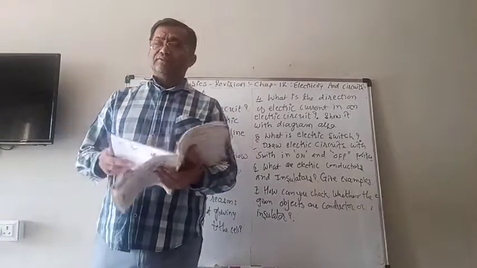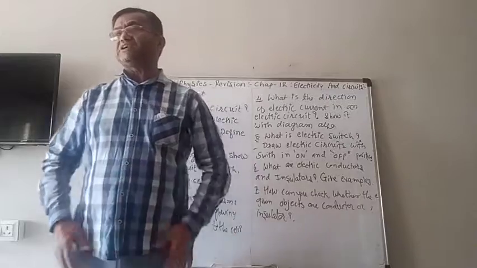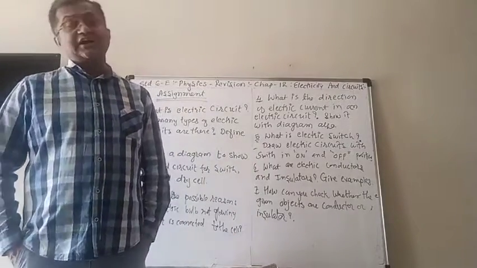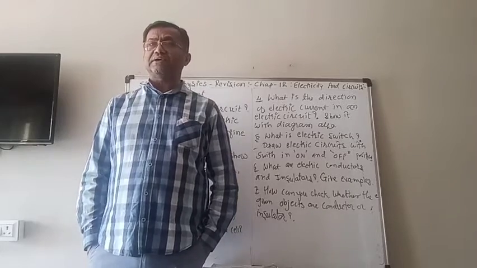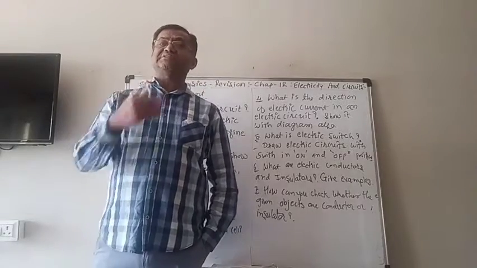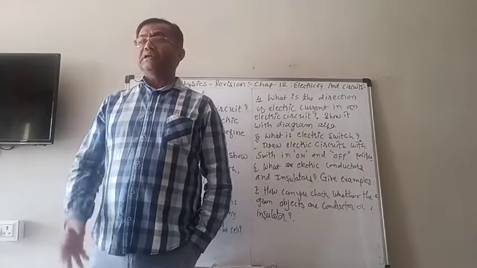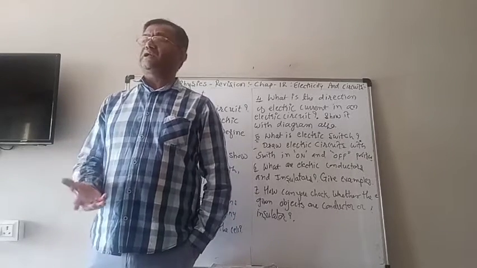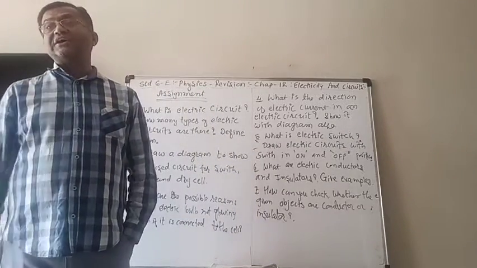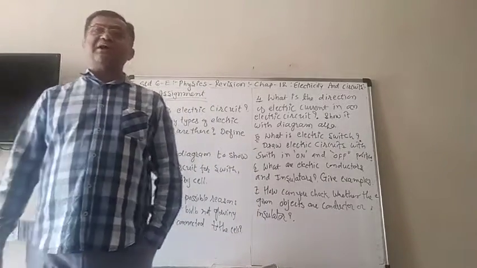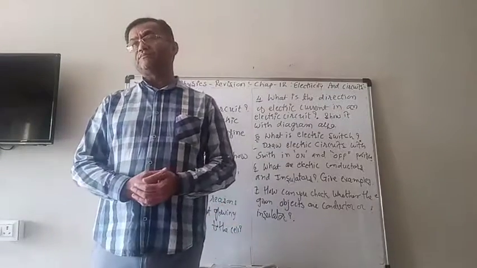And we know that both types of materials are very important in our life. Conductors are necessary and insulators are also necessary. Conductors are necessary to pass the current through the wires, and then we can use that electric current to do our daily work. Insulators are also necessary, because wires are covered with insulating rubber.